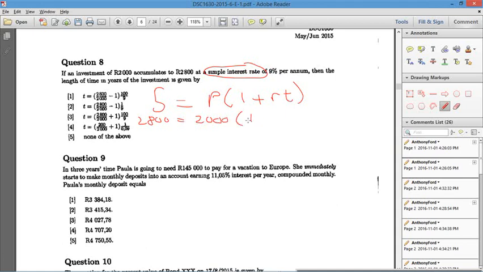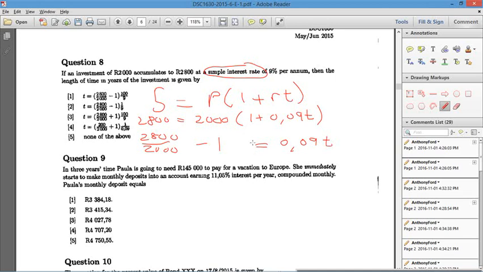I'm working out the time. So take the 2,000 to the left. I'll then have 1 plus there, so I need to minus the 1. 0.90.